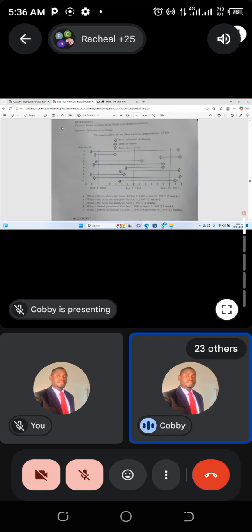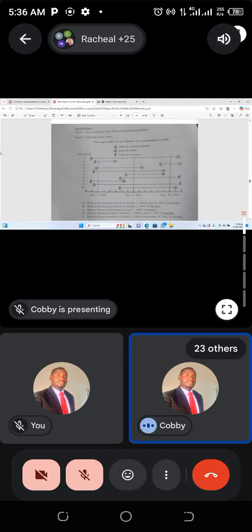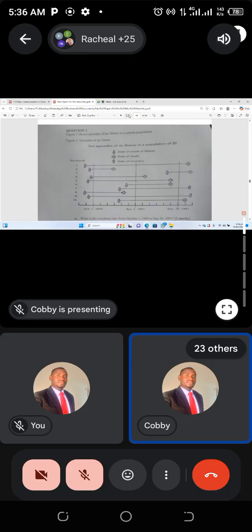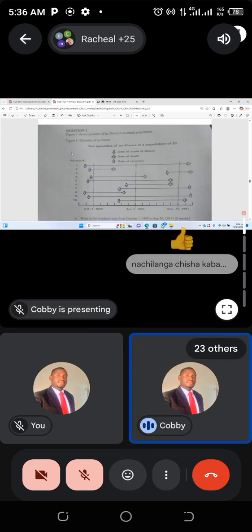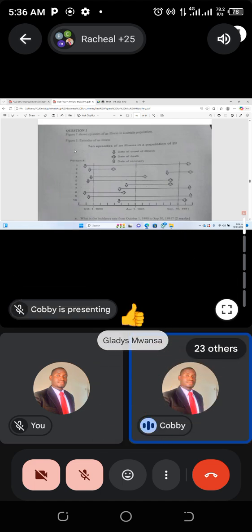So now let's look at this exam question which came. I don't know if people can see this question clearly. Are you able to see? This figure shows episodes of an illness in a certain population.